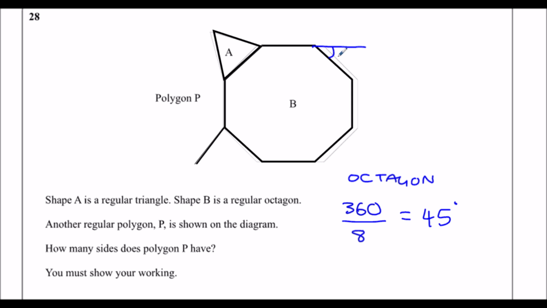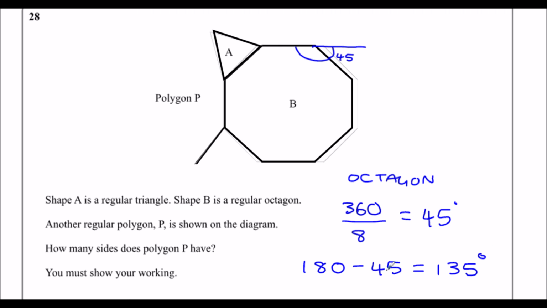So the exterior angle will be 45 degrees for the octagon, and the interior angle plus exterior angle have to add up to 180.